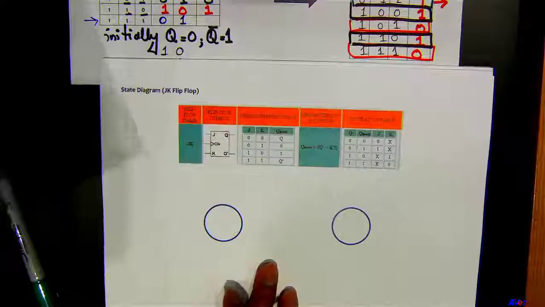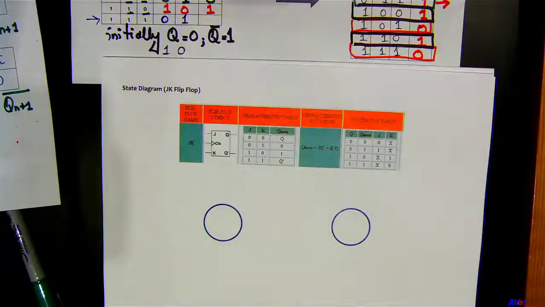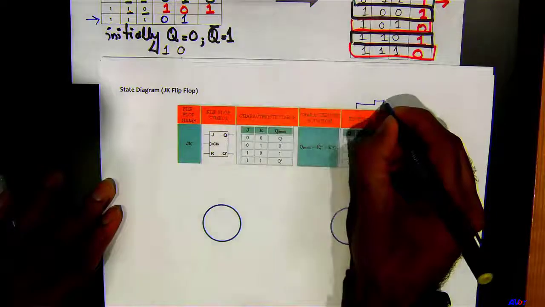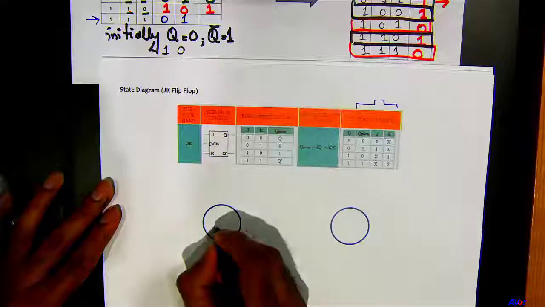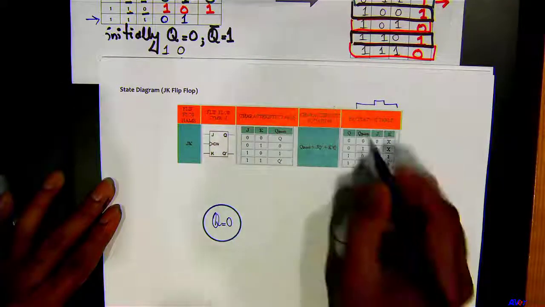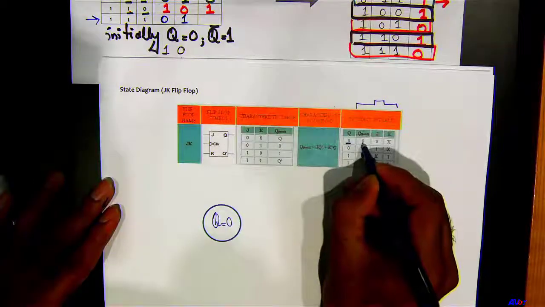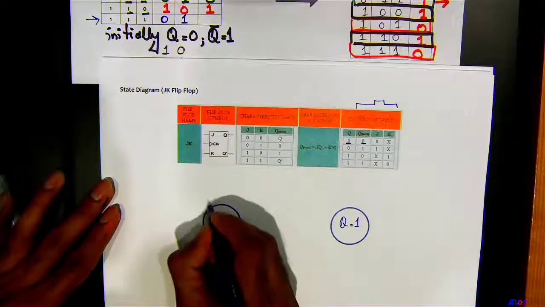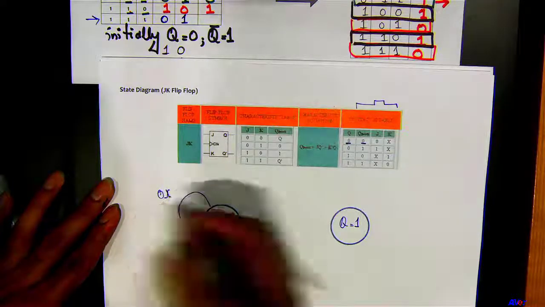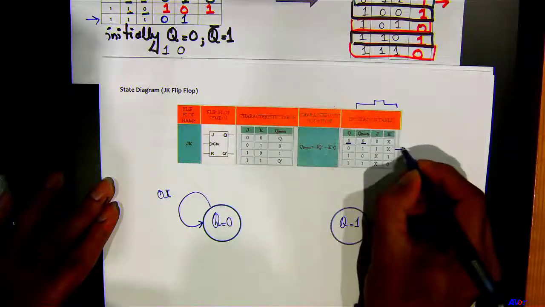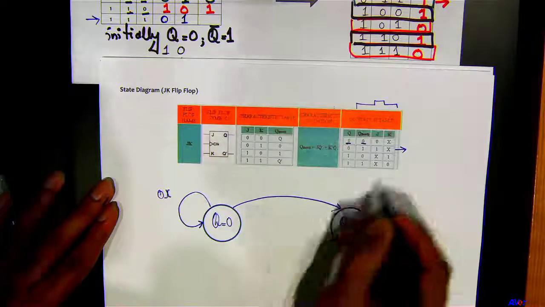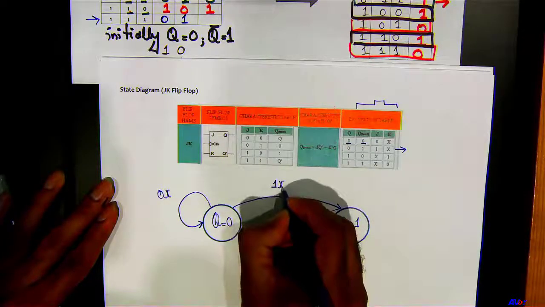And let's move on to the state diagram for the JK flip-flop. Again, we're going to look at the excitation table right here. Two states, Q equals 0, Q equals 1. When the present state is 0, the next state is 0 when J and K are 0 and don't care. Then moving on to the second one, it goes from 0 to 1 when J is 1, K is don't care.